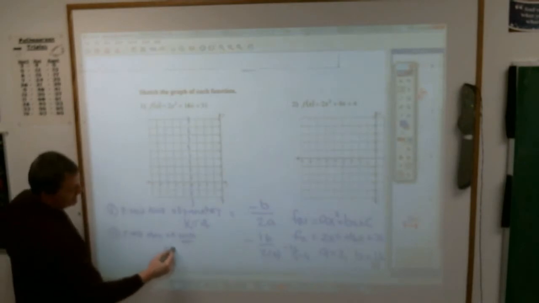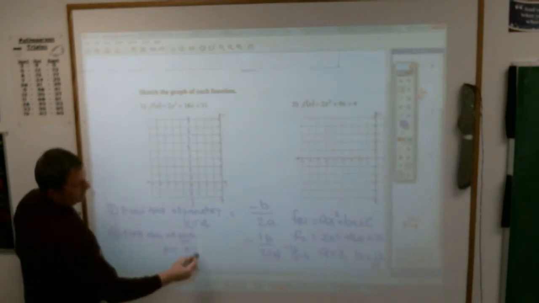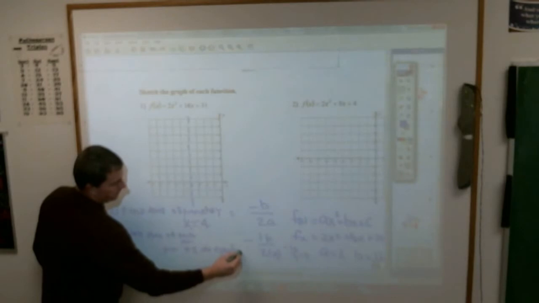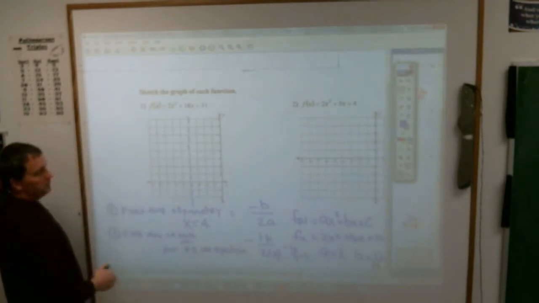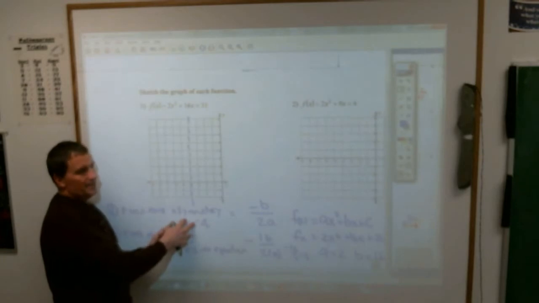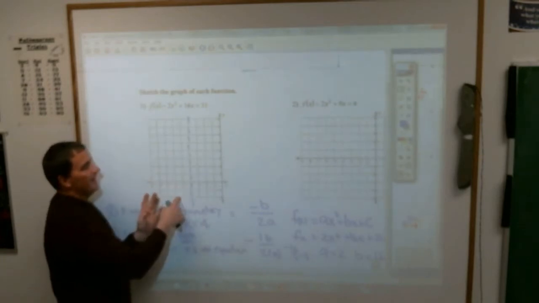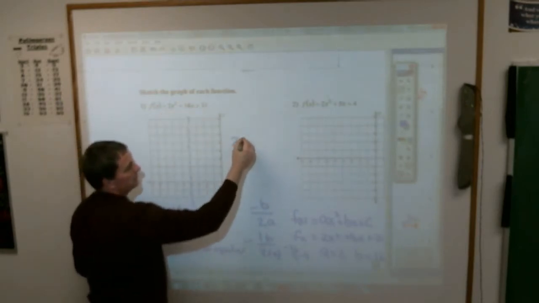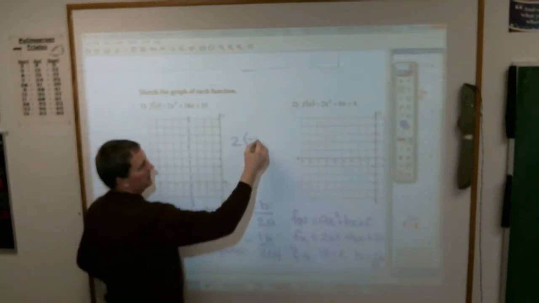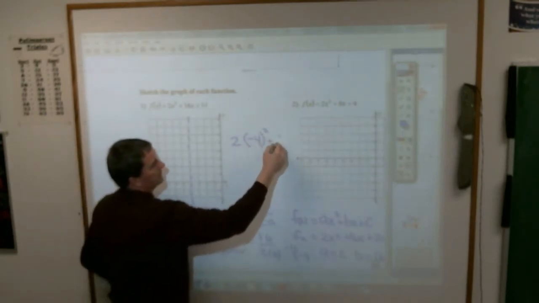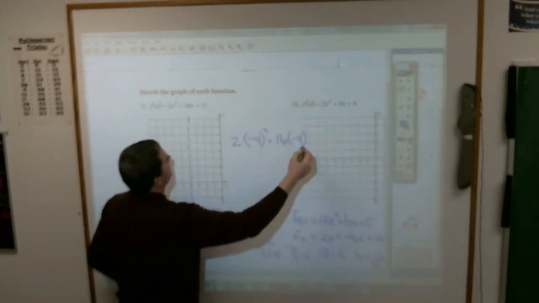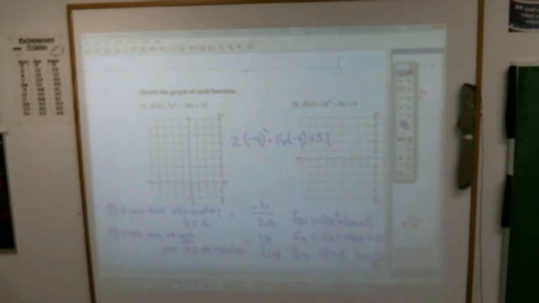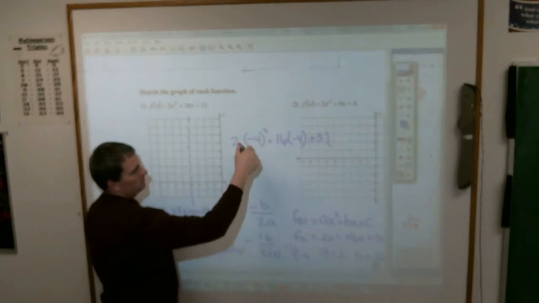So to find the min, you have to put number 1 into the equation. Which simply means this. Whatever my axis of symmetry is, I need to take that number and put it in here and see what I get. So it would be 2 times, what did we say? The axis of symmetry was negative 4, plus 16 times negative 4, plus 31. And they're all really big numbers, but I think in the end it'll work out to a small number. What's negative 4 times negative 4?